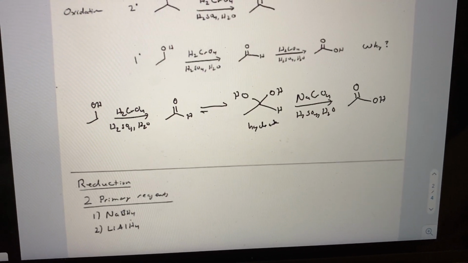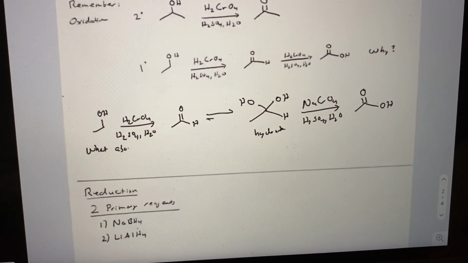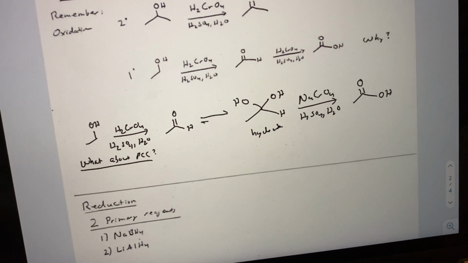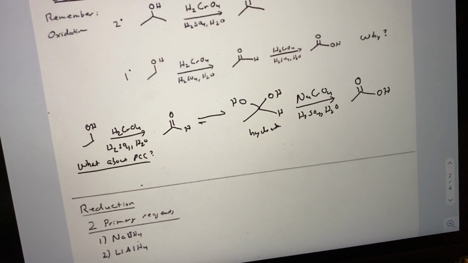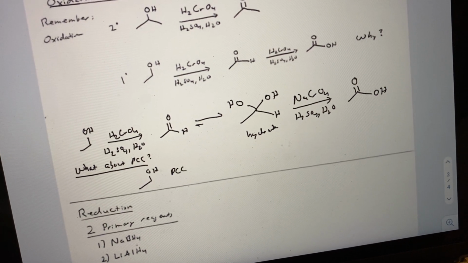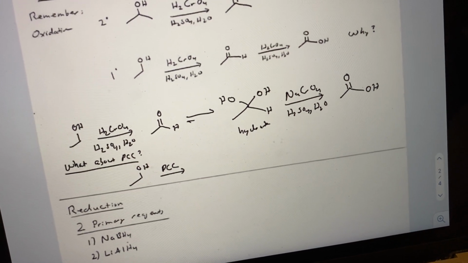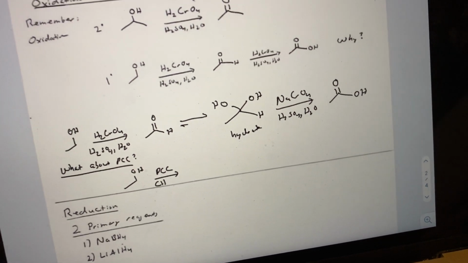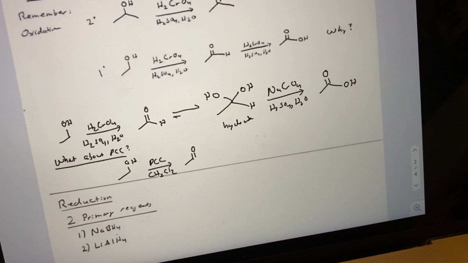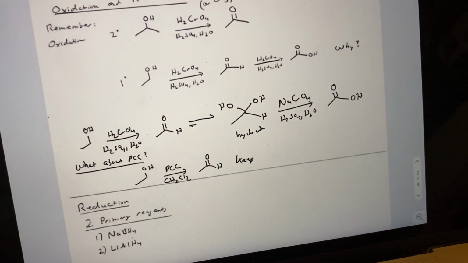So then what about PCC? There are two reasons perhaps why PCC stops at the aldehyde. One is it's a weaker oxidizing agent, so we can slow things down a little bit. But also, PCC is soluble, as I mentioned yesterday, in organic solvents like dichloromethane. So what you can do with this reaction is keep water out.